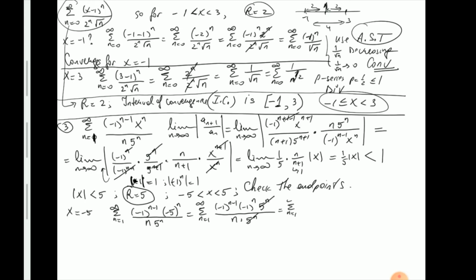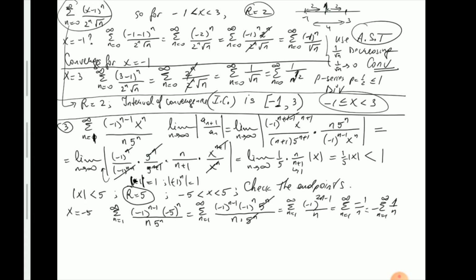If I combine the minus 1s, I have to add the exponent. So n minus 1 plus n becomes 2n minus 1, which is always an odd number. So that means the top is always minus 1 over n, or minus the summation from 1 to infinity of 1 over n. It's a minus 1 multiplied outside by the series from 1 to infinity of 1 over n.